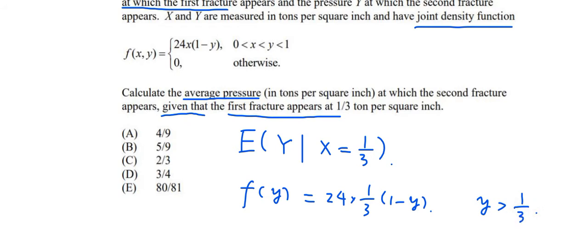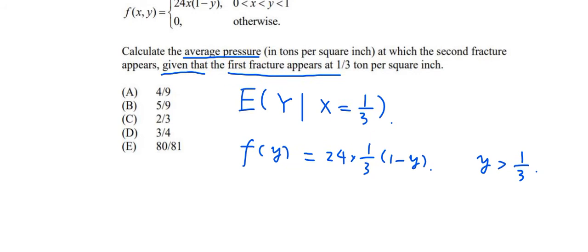But maybe this is not yet a density function, so we need to adjust it a little bit. So we can say this equals k, some constant, multiplied by 1 minus y, where y is larger than 1/3 and less than 1. Yeah, y between 1/3 and 1.